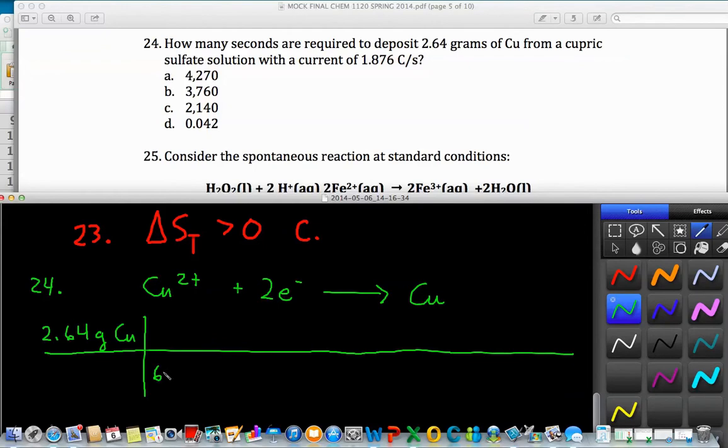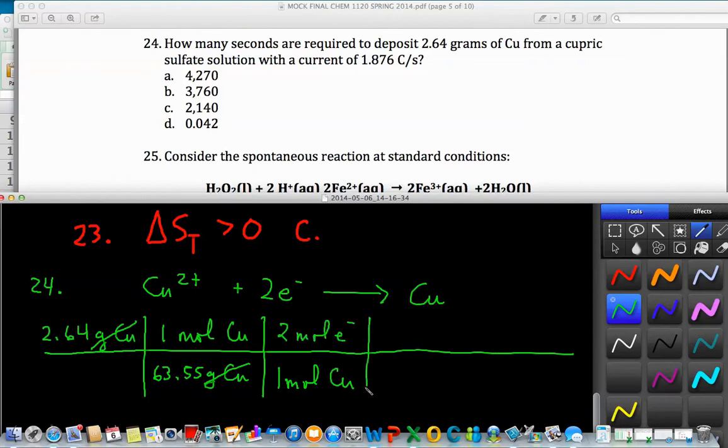I know that there are 63.55 grams of copper in 1 mole of copper. So notice grams of copper cancels. We want that to occur. I know that 1 mole of copper requires 2 moles of electrons.